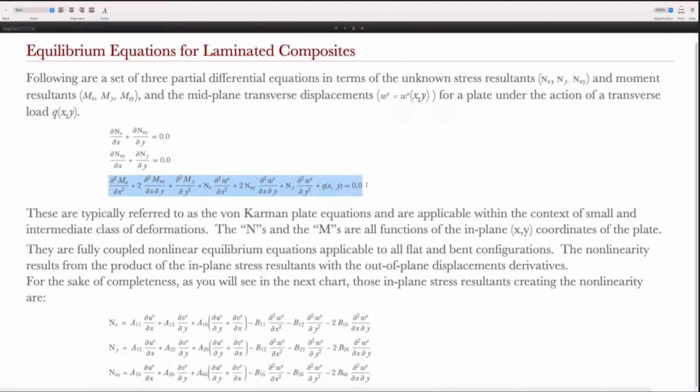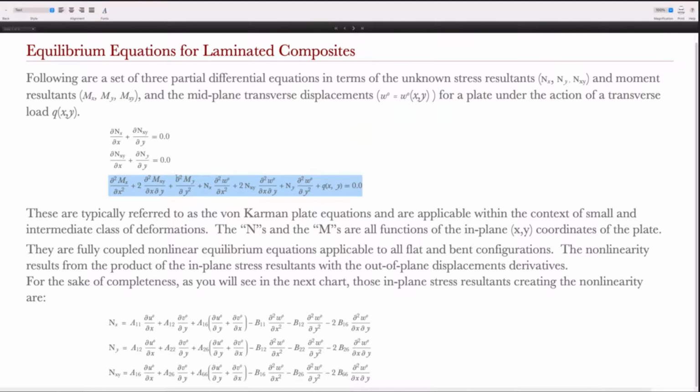equilibrium equation in the z direction, which is written now, derived in terms of the moment resultants, Mx, My, Mxy, and Nx, Ny, Nxy.